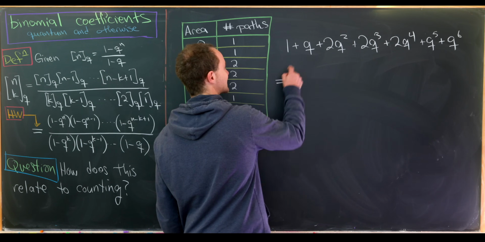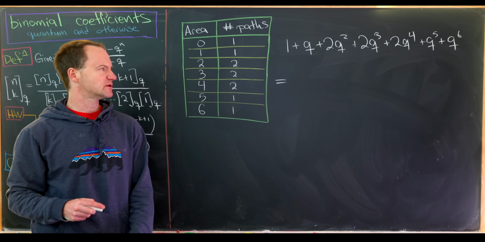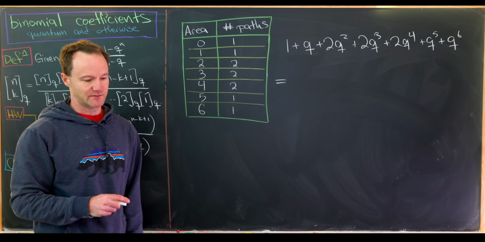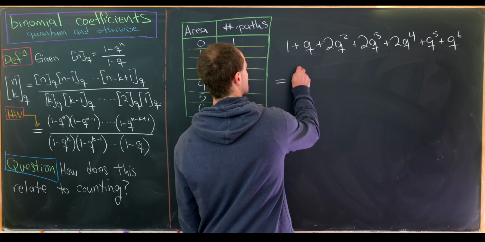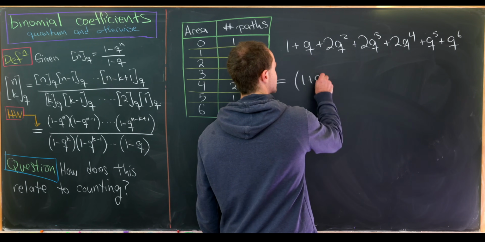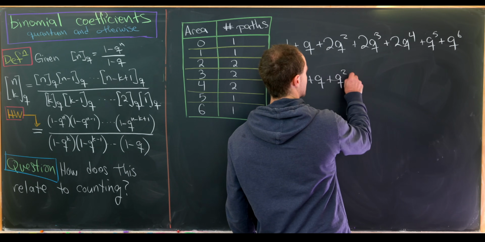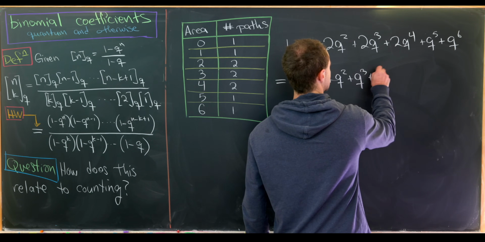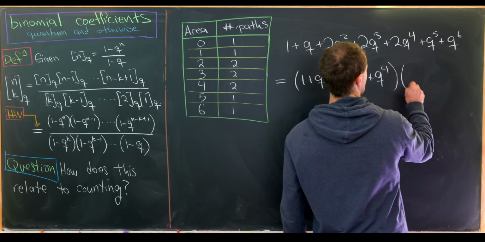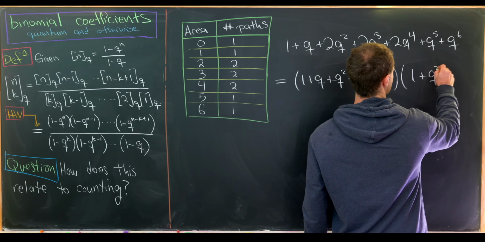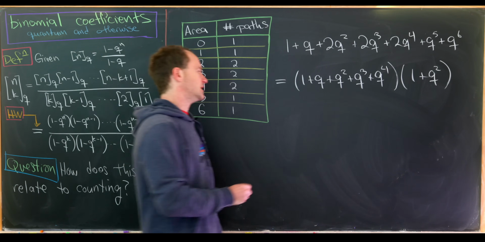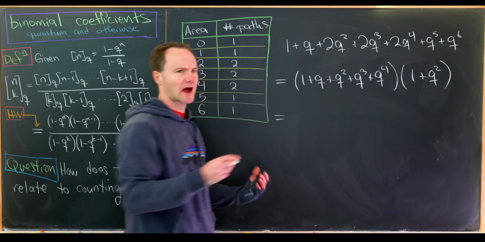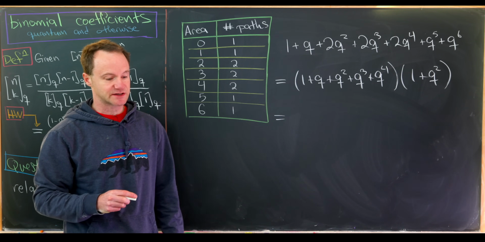So let's try to get there. We can in fact factor this thing, and it's maybe not immediately obvious, but after looking at it for a little bit, it will be pretty clear. It will factor as (1 + q^2 + q^3 + q^4) times (1 + q^2). Okay, nice. But now we can turn that into a rational function that looks a little bit nicer.